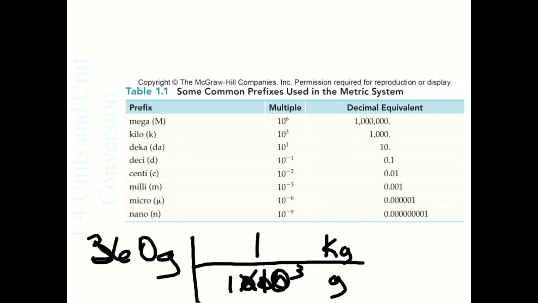That's how I would set up that conversion. So this would end up being 0.36 kilograms. A kilogram is bigger than a gram. 1 kilogram means that you have 1,000 grams. Is that making sense at all?